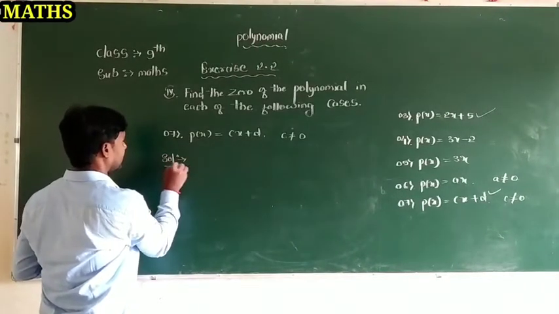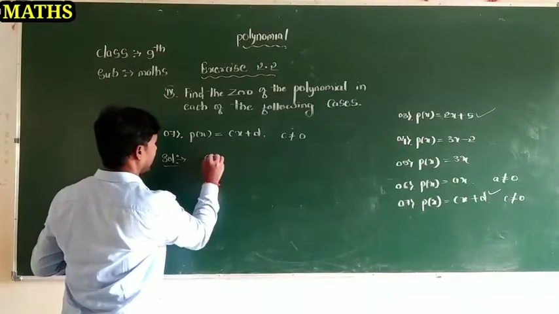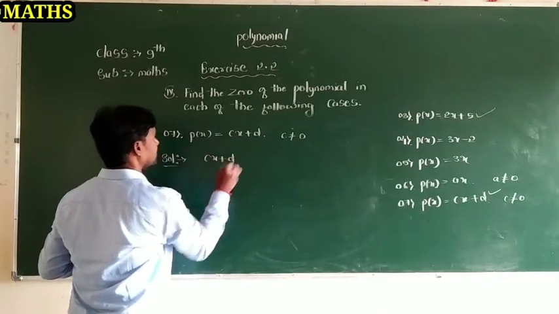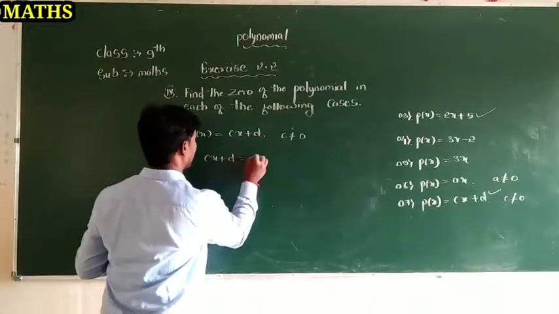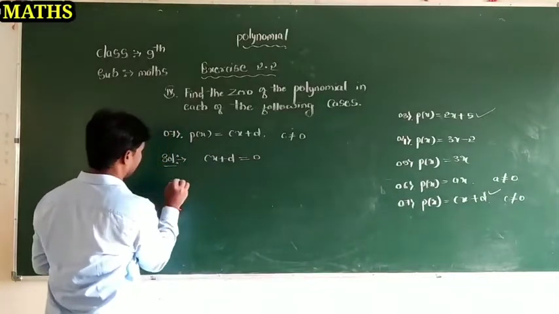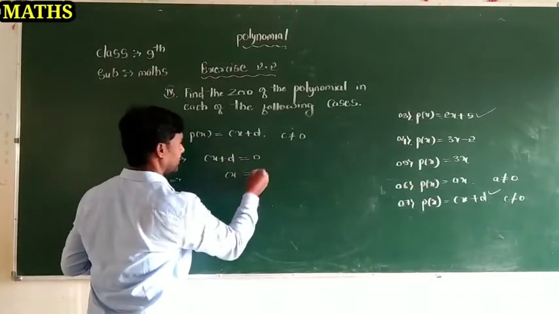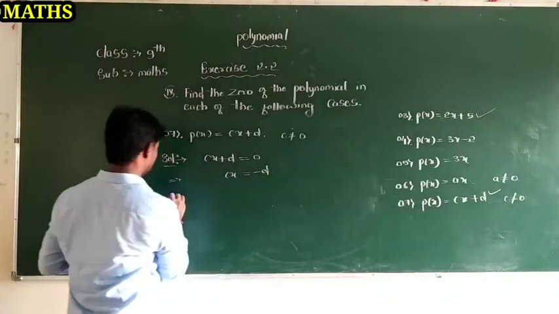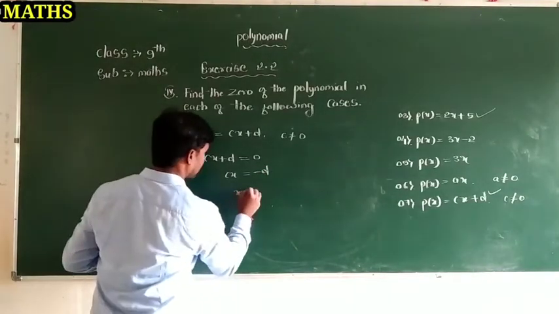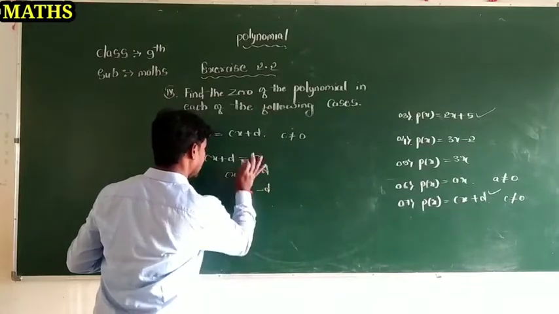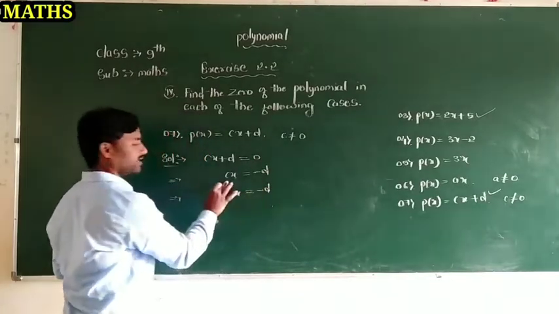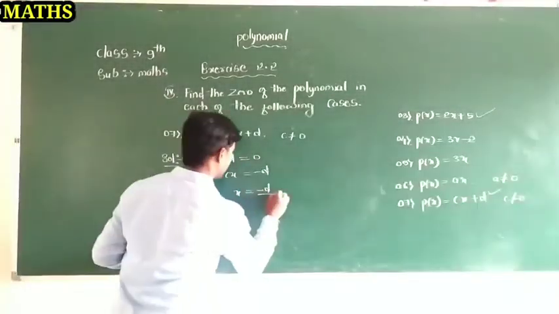Solution is like this: this is the 0 of the polynomial. As it is, we should write the question: cx plus d is equal to 0. First step: you transfer to the left side, d, plus d becomes minus d. So similarly here x is equal to minus d. This c is the multiplication, so transferred that side it becomes a division.